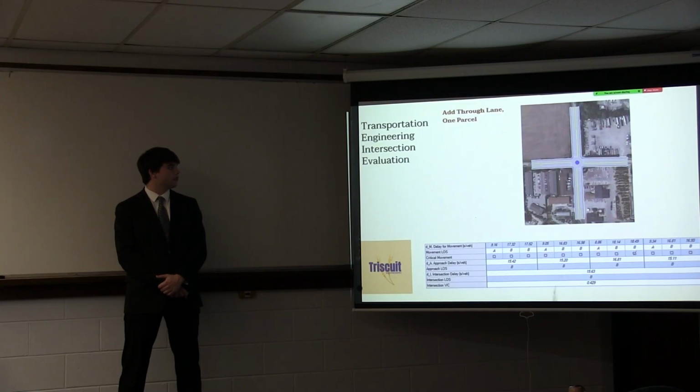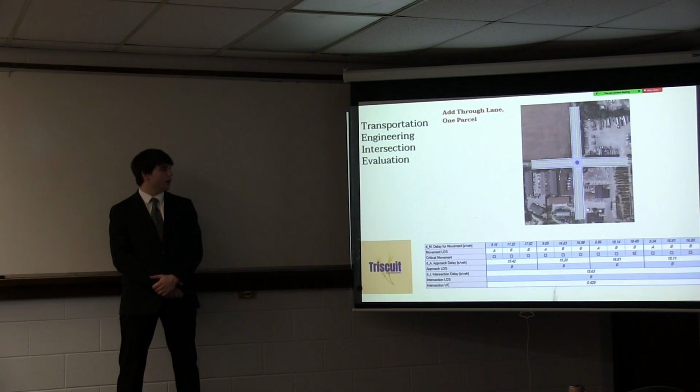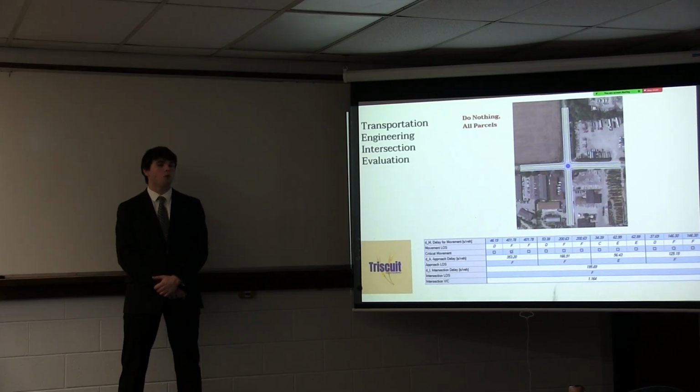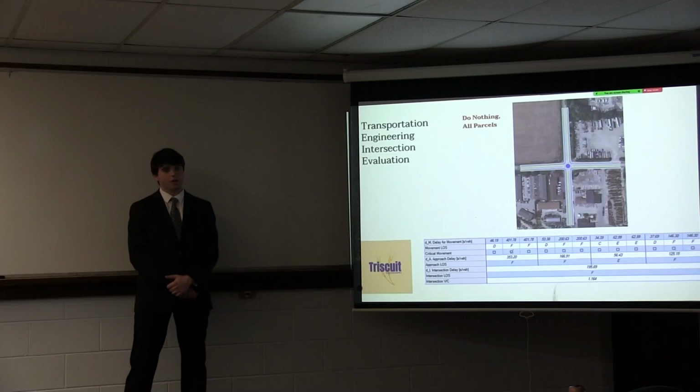Another alternative, since a lot of the traffic for all 4 entryways goes through the through traffic lanes, would be adding a through traffic lane, but also keeping the right turn lane in the second through traffic lane, which would keep, with our parcel, the level of service at B. But with more additional parcels being added, the do nothing alternative makes it a level of service F with all the new trips.